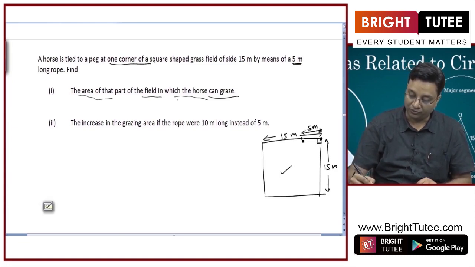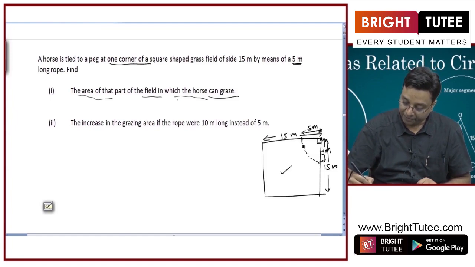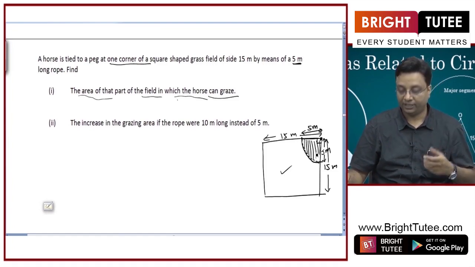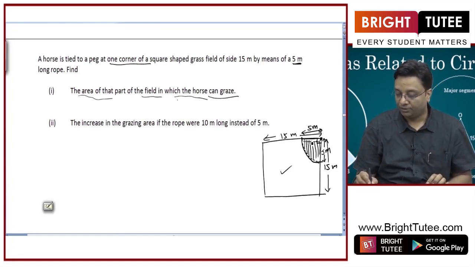And the horse can move in this area only, because the rope will restrict its movement to this area. So this will be a quadrant of a circle. Horse can move in this area only due to restrictions due to the rope.